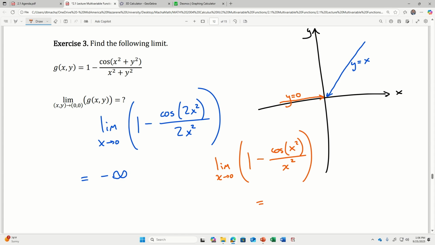And even though along that orange path all of my x values are negative, it doesn't really matter because I'm squaring it, right? Every time x appears in this formula, it says x squared. So a negative number squared is still positive. And so I still have cosine approaching positive 1, and I still have x squared approaching 0. And even though x is approaching 0 from the left side, x squared is approaching 0 from the right side. And so we're still talking about 1 minus a term that's approaching positive infinity, and so the limit is still negative infinity.